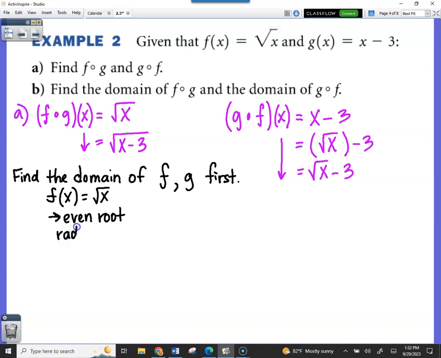The radicand has to stay greater than or equal to 0. That's the same every time. You take the radicand, set it greater than or equal to 0, and solve it. In this case, it's just x, so there's nothing to solve.